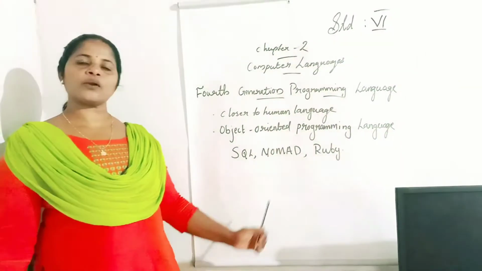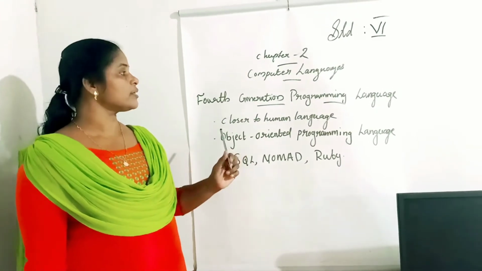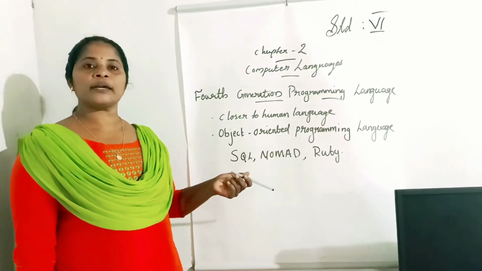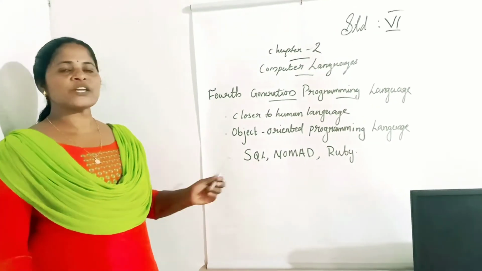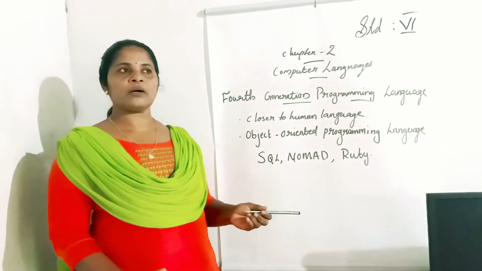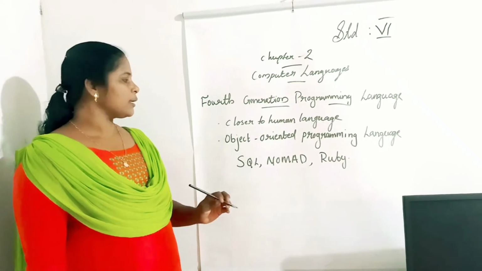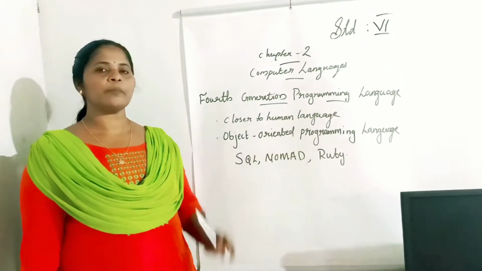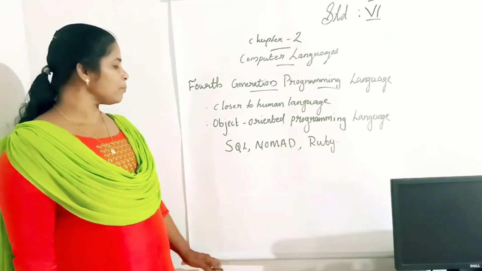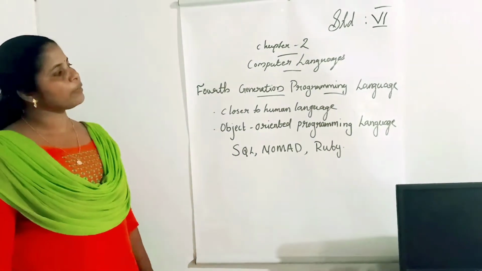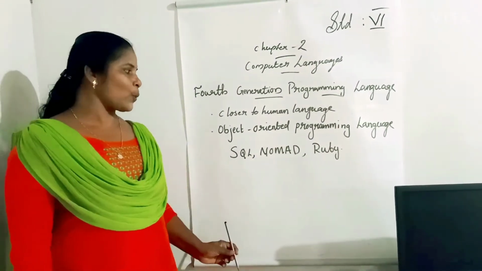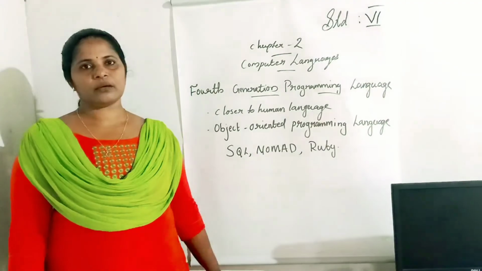Non-computer professionals are also capable of using this language to develop software, and it reduces the overall time for making software. And it is an object-oriented programming language. Examples of fourth generation programming languages are SQL, Nomad, and Ruby.